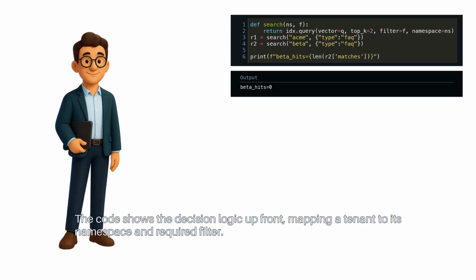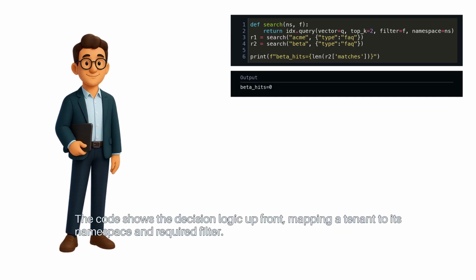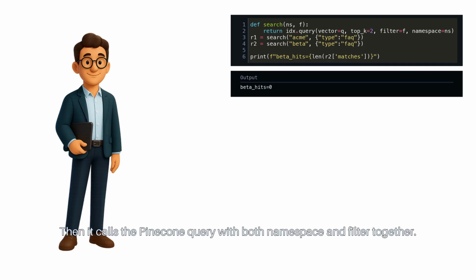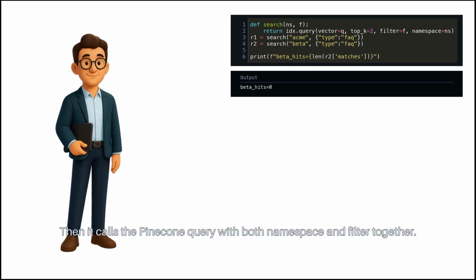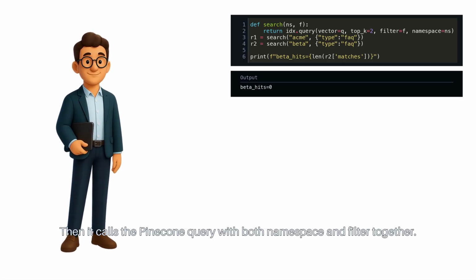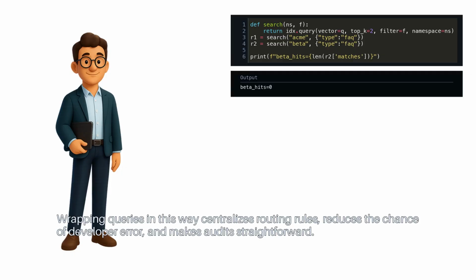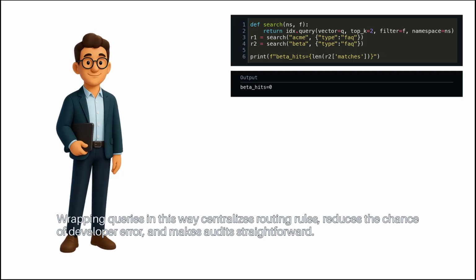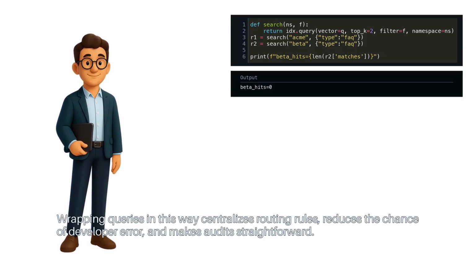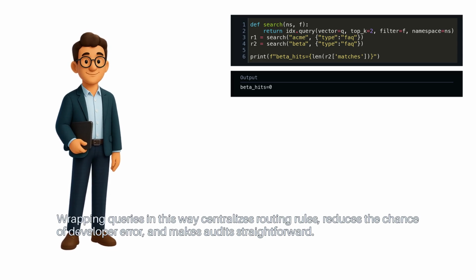The code shows the decision logic up front, mapping a tenant to its namespace and required filter. Then it calls the Pinecone query with both namespace and filter together. Wrapping queries in this way centralizes routing rules, reduces the chance of developer error, and makes audits straightforward.